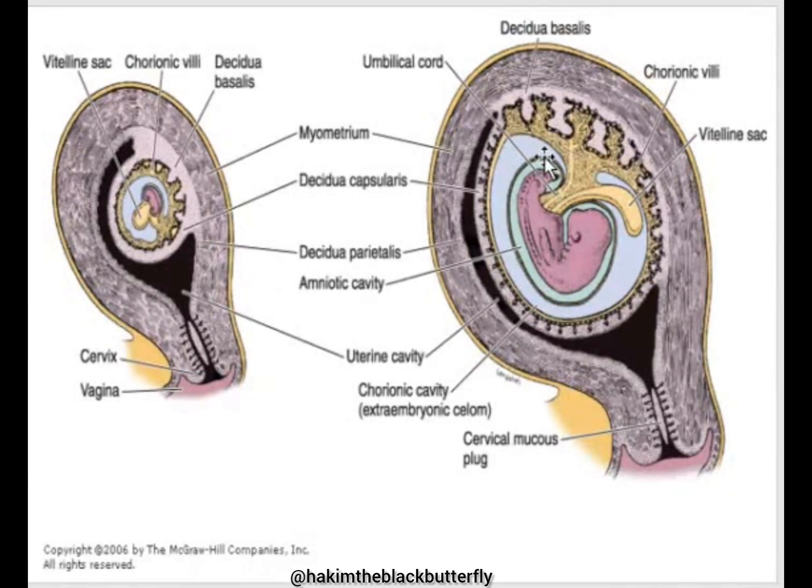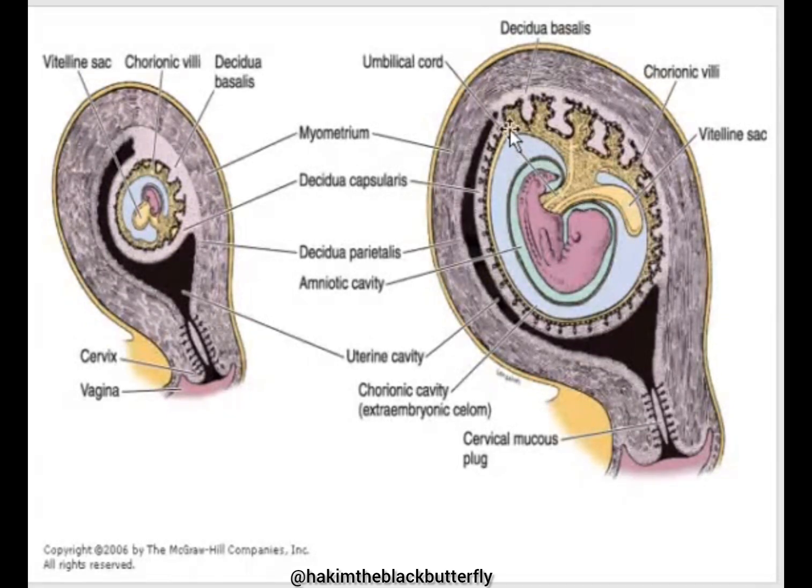Surrounding it is the amniotic cavity, which grows with it. And the amniotic cavity is surrounded by the amniotic membrane or amnion. External to the amniotic membrane is the chorionic cavity or gestational sac.